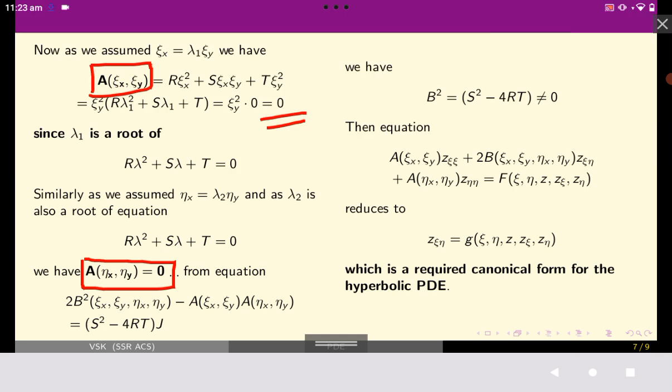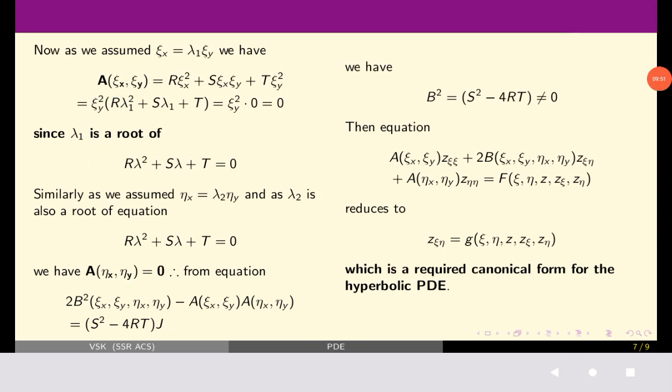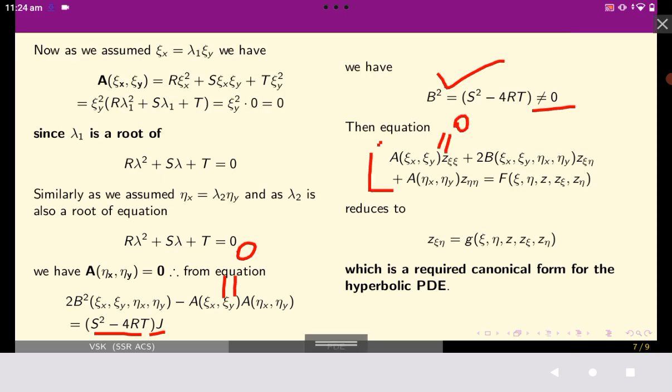But because of this, from this equation, as we have seen here, these two values have become 0, and because this Jacobian is not equal to 0, and this is also greater than 0, we get that b square is not equal to 0. So b is also not equal to 0. And from this equation that we have seen previously, this is 0, this is 0, and this is not equal to 0.